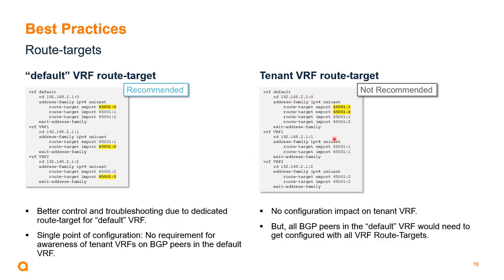However, think: would you have any BGP peers on the default VRF? You will need to get those VRF route targets configured on those peers as well if you want to have route leaking. So that's really not the best practical way of doing so. This is why this method is not recommended.